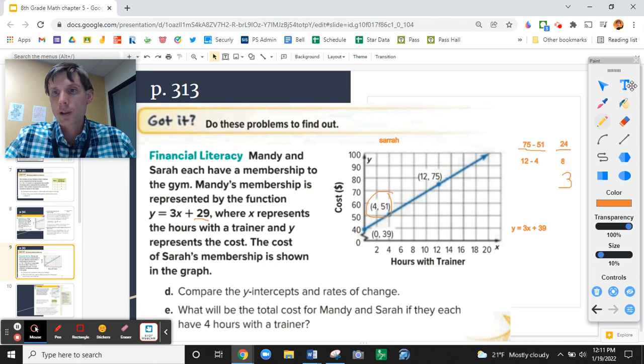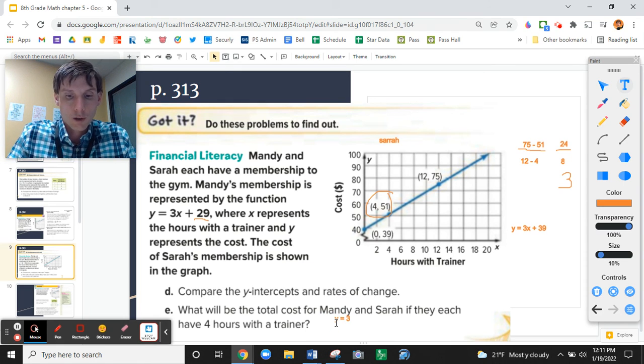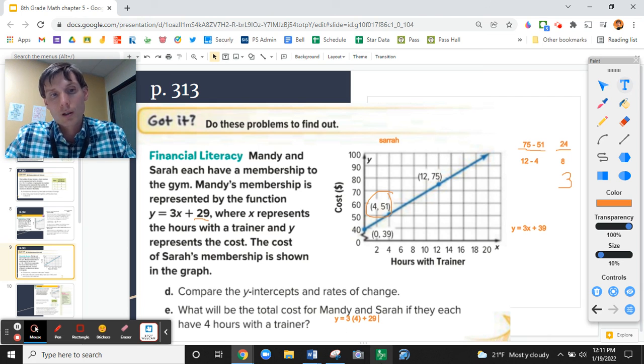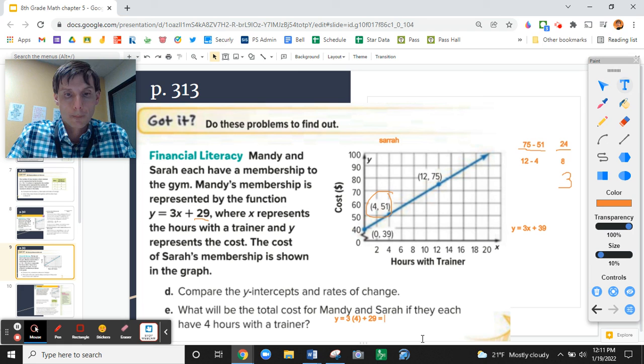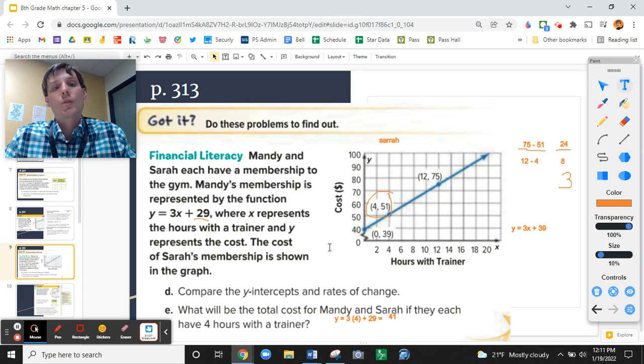So it's going to be y equals 3 times 4 plus 29. If we add that up, we have 12 plus 29 equals 41. So the total cost for Mandy is $41. What's the total cost for Sarah? We see it is $51.